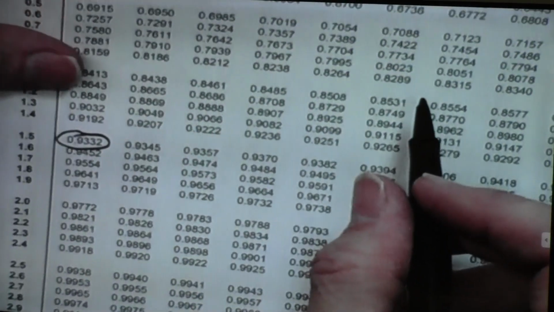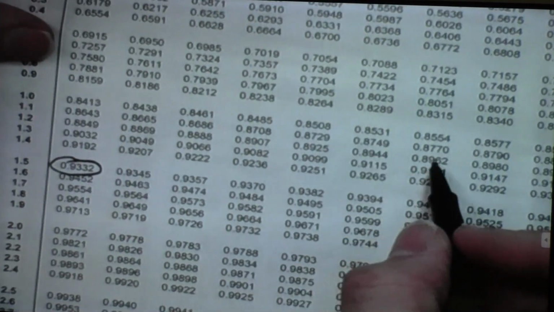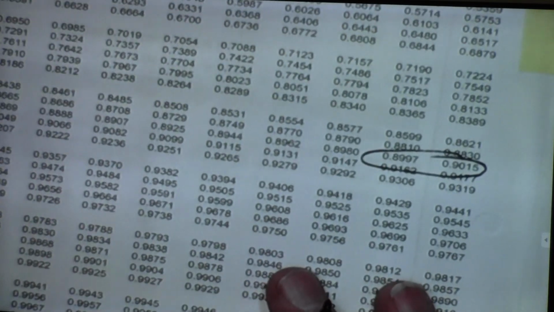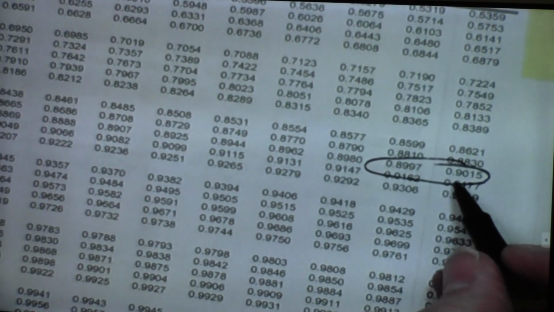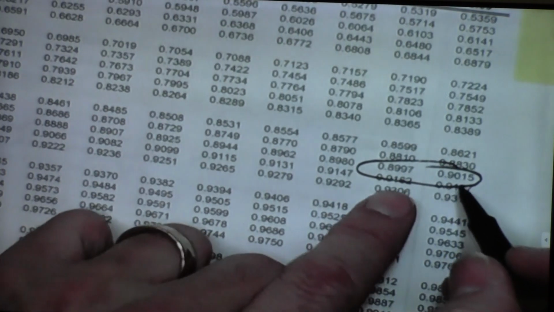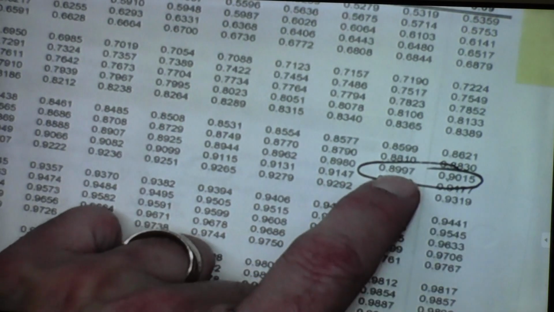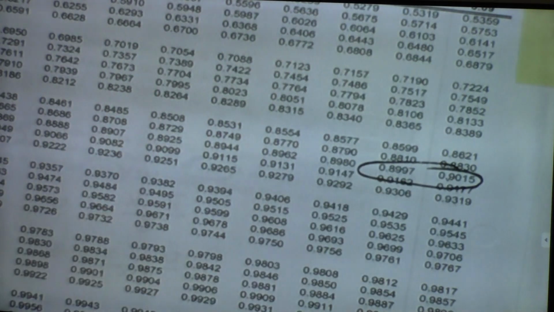0.9s, 0.9s, 0.9s, 0.89, and it looks like right here. Wait, wouldn't it be 0.9? Yes, 0.9. I just said 0.9. Because we're looking, that would be 90.15% and 89.97%. Oh, on that side, I was looking from this side. Oh, yeah. No, and that's the thing. Now we're going to do it opposite.